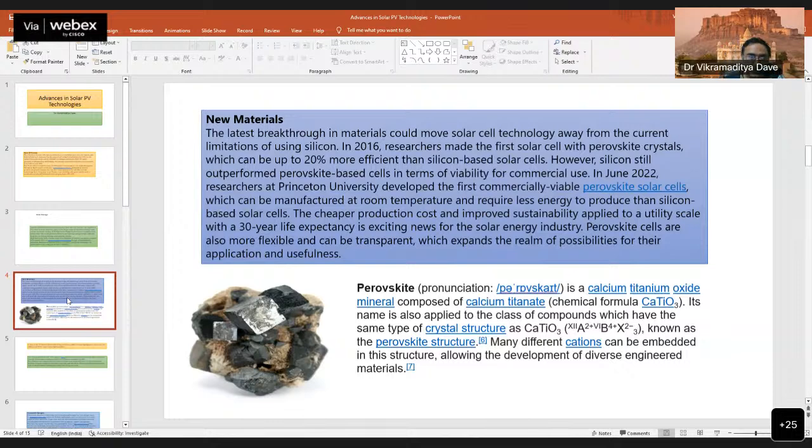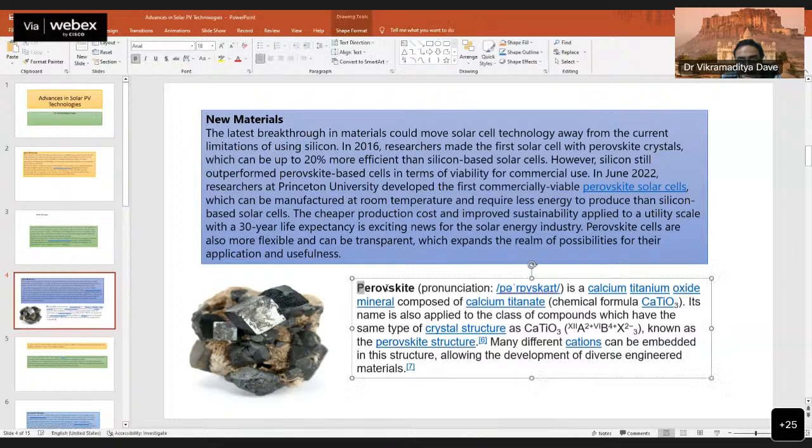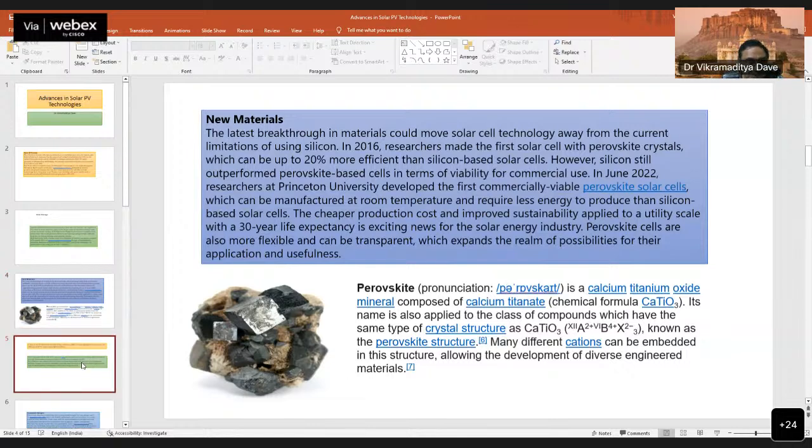This material has a very good efficiency between 25 to 30%, and it can last for 30 years. So this material can revolutionize the whole solar industry. It is still not commercially available, but once it enters the commercial world and makes a successful journey in the very first year, then definitely it will supersede silicon technology.